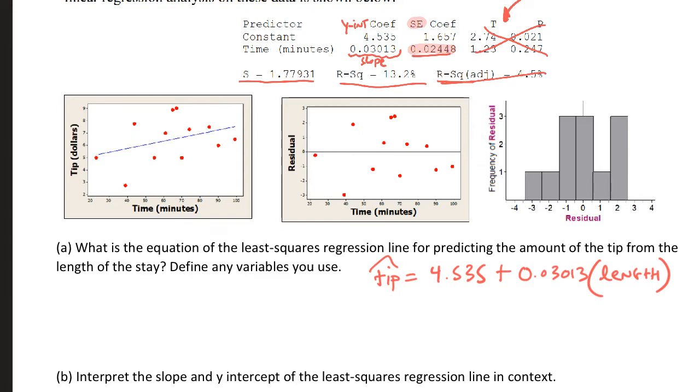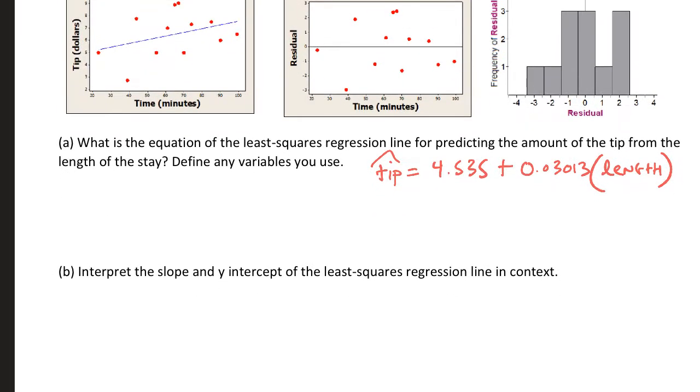Okay. Interpret the slope and y-intercept. The slope: we predict that a party will tip an extra 3 cents per minute spent in the restaurant. Or we could say the predicted tip amount goes up by 3 cents for each additional minute spent in the restaurant.